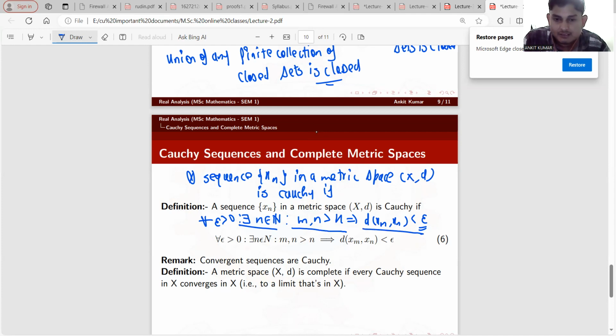Suppose T(x_m, x_n) is |x_m - x_n|. This is a norm.